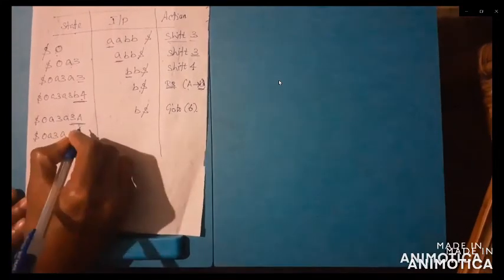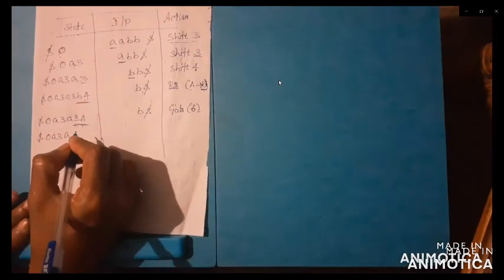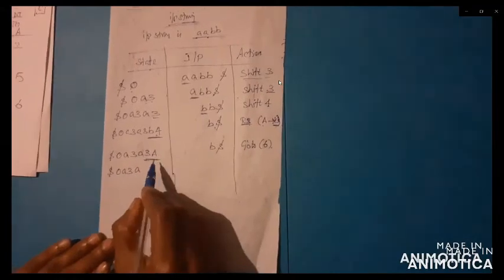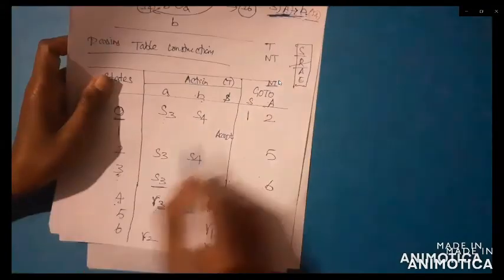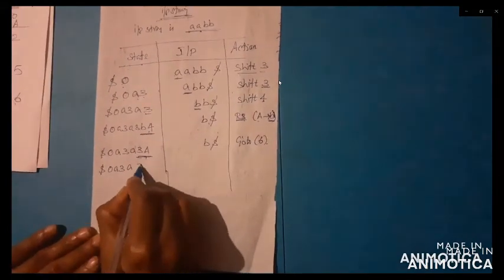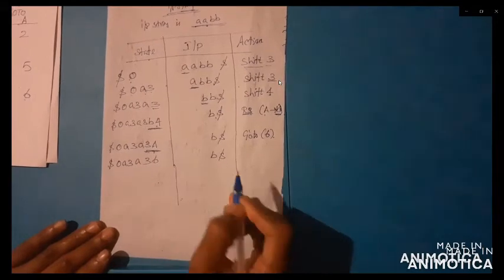Here, what is 3A? 3A is 6. So you have to write A changed to 6, 6 here B $.